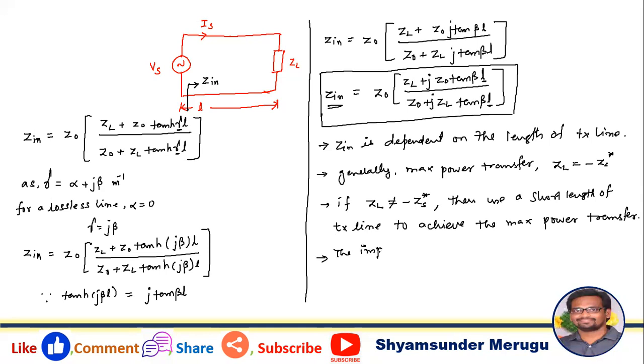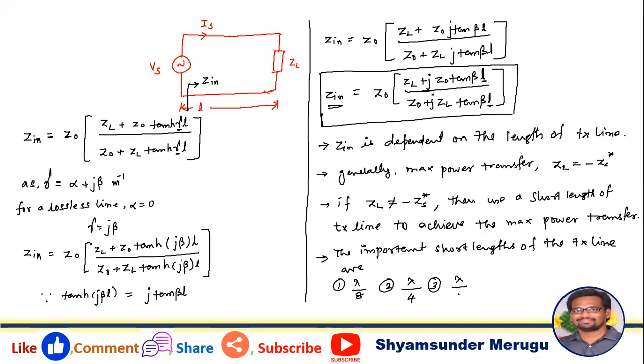The important short lengths of the transmission lines are: one is lambda by 8, in another case we can use lambda by 4, and in the last case we can use lambda by 2.